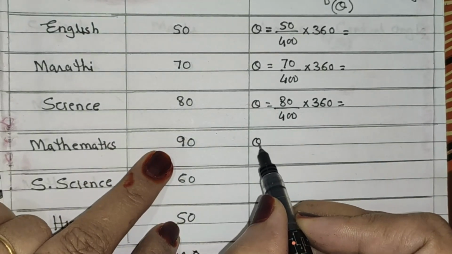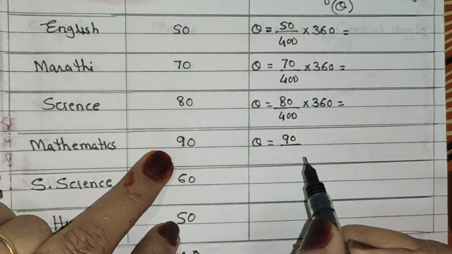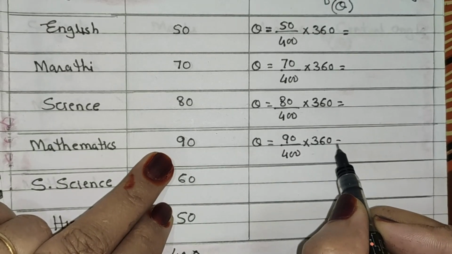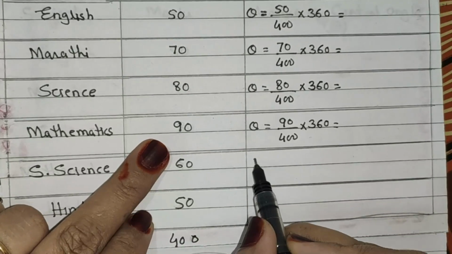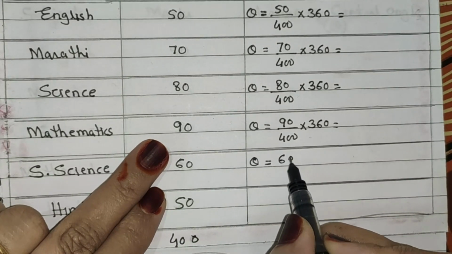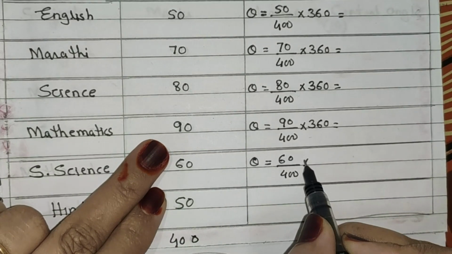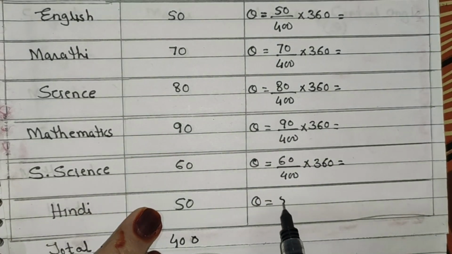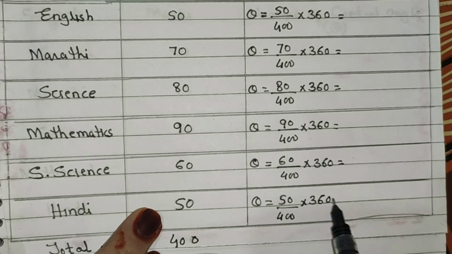Next one is 90 upon 400 multiplied by 360. Next one is 60 upon 400 multiplied by 360. Now the last one is 50 upon 400 multiplied by 360.